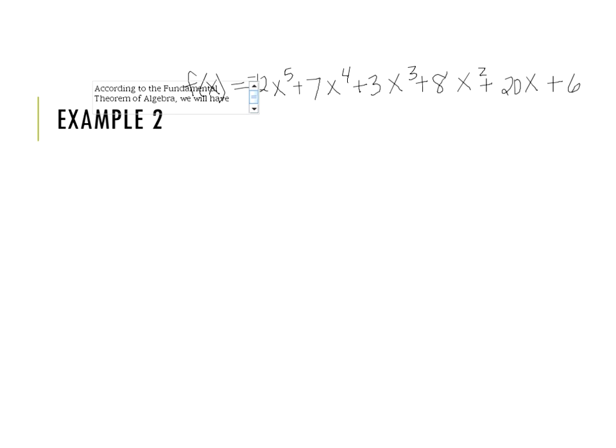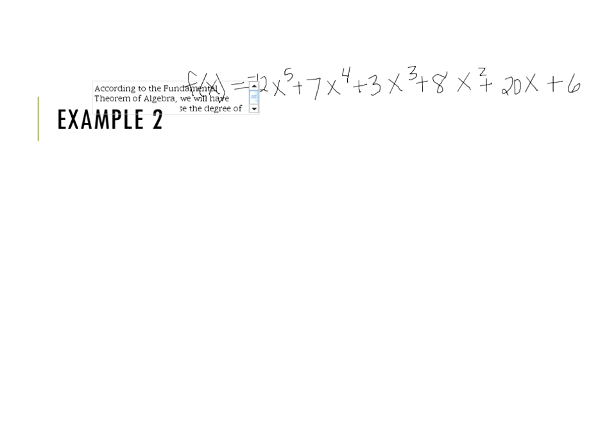I've got 6 and 5. What do we think? 5, okay. How do we know it's 5? What tells us that it's 5? Yes, exactly, because the degree of the polynomial is 5. Okay, perfect.